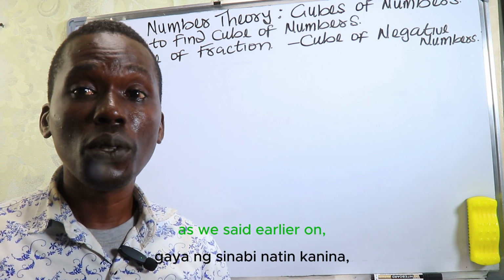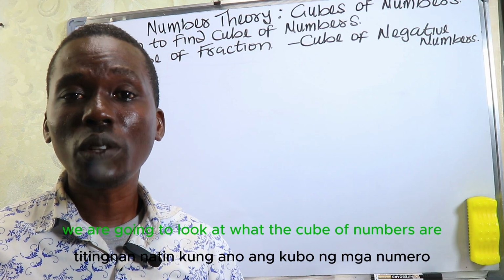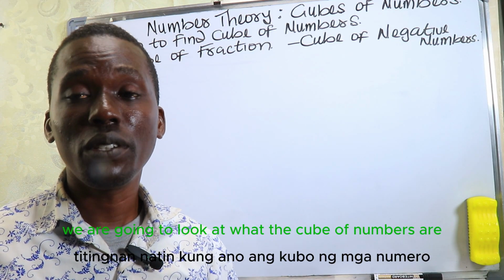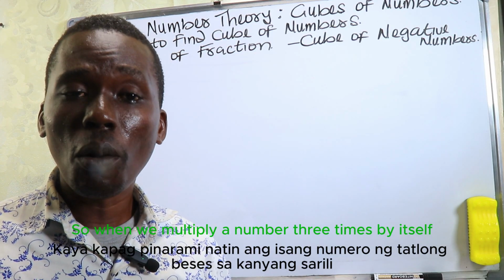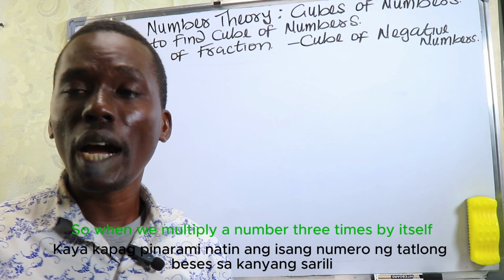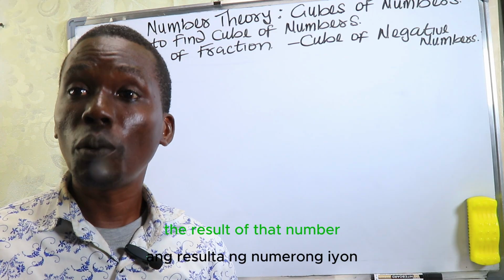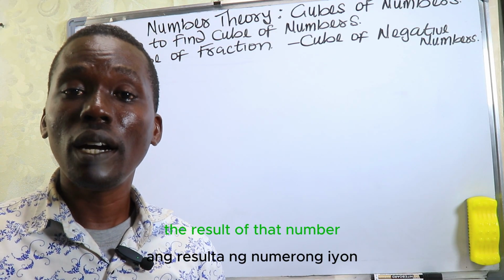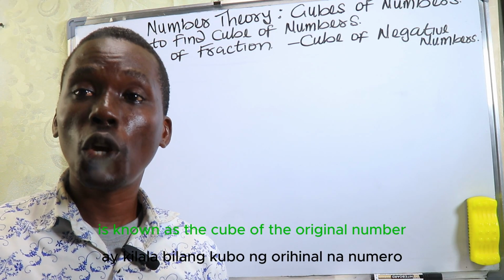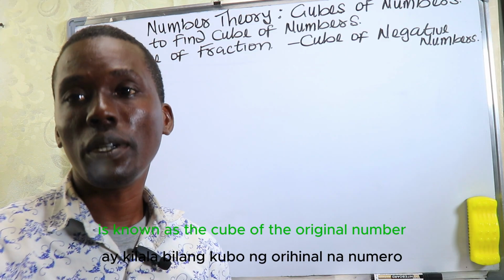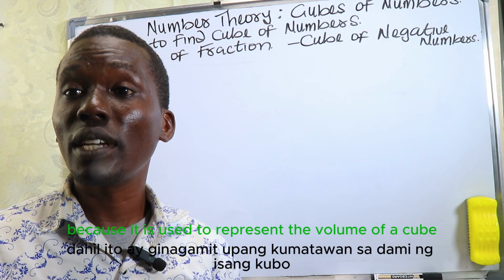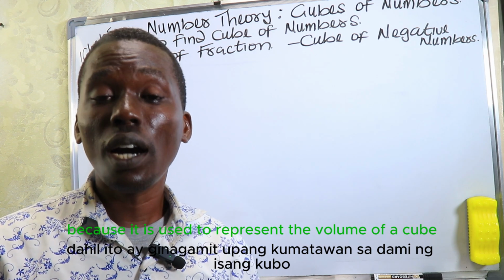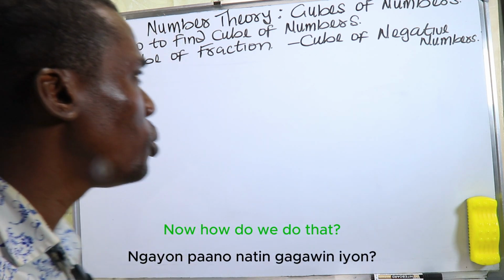As we said earlier on, we are going to look at what the cube of numbers are. When we multiply a number 3 times by itself, the result is known as the cube of the original number. We call it a cube because it is used to represent the volume of a cube.